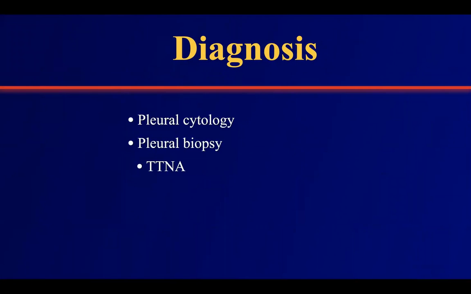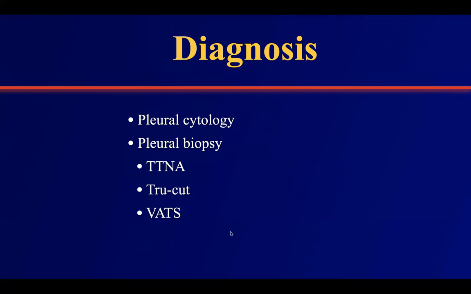So how can we diagnose the patient? Pleural cytology is very helpful. Transthoracic needle aspiration biopsy can be done in the patients with pleural masses. TrueCut biopsy is not like a fish bait needle, and it can provide large pieces of tissue, which is very useful for the pathological diagnosis.